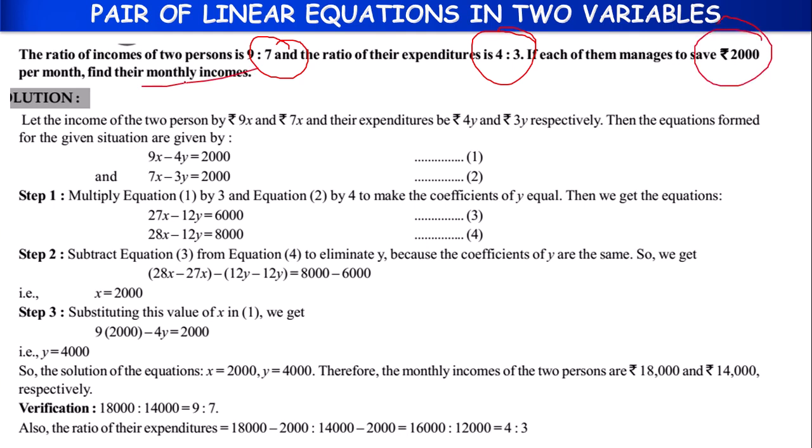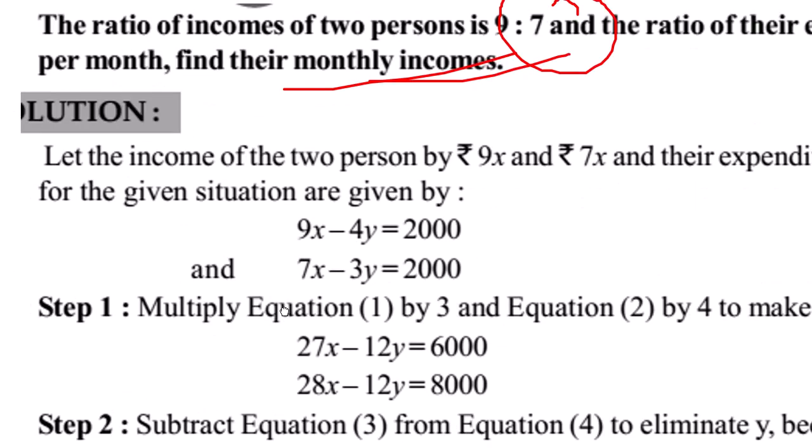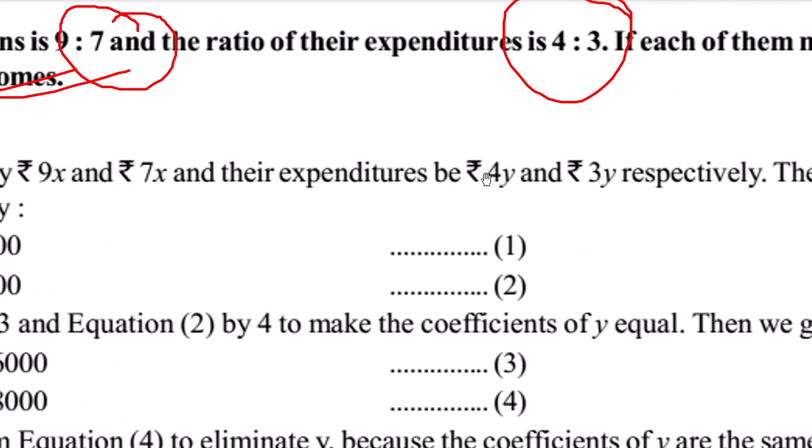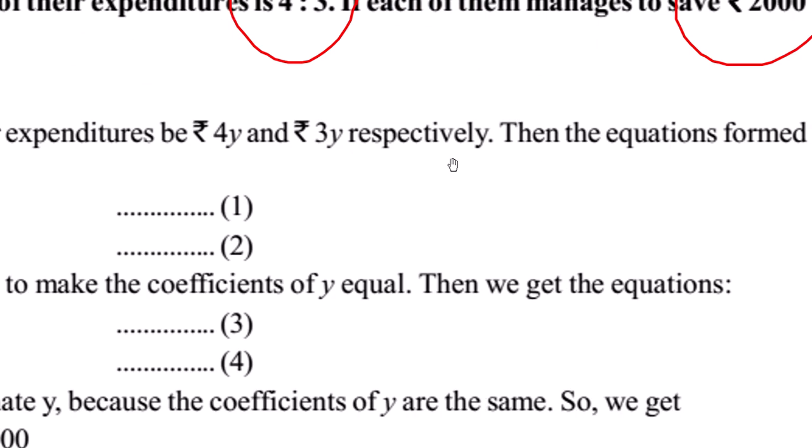We have to find their monthly income. So let the incomes of the two persons be 9x, 7x, and the expenditures be 4y, 3y, because incomes are different and expenditures are different. So we are taking variable x for incomes and variable y for expenditures.